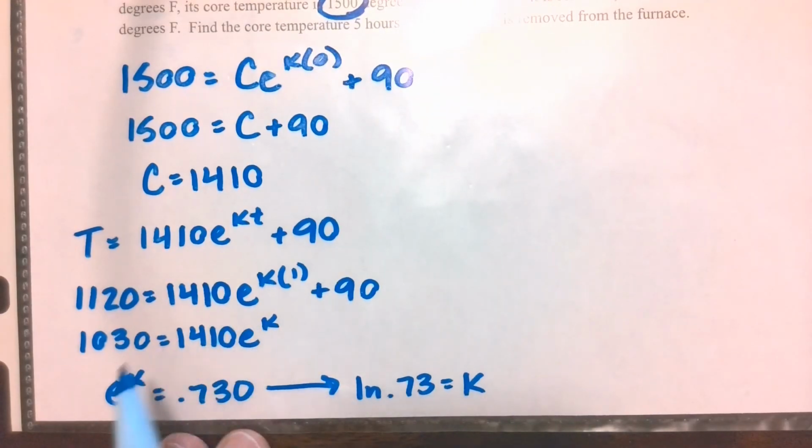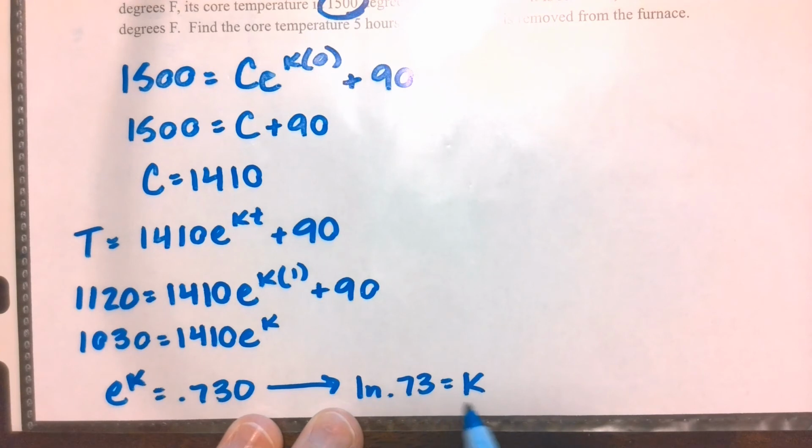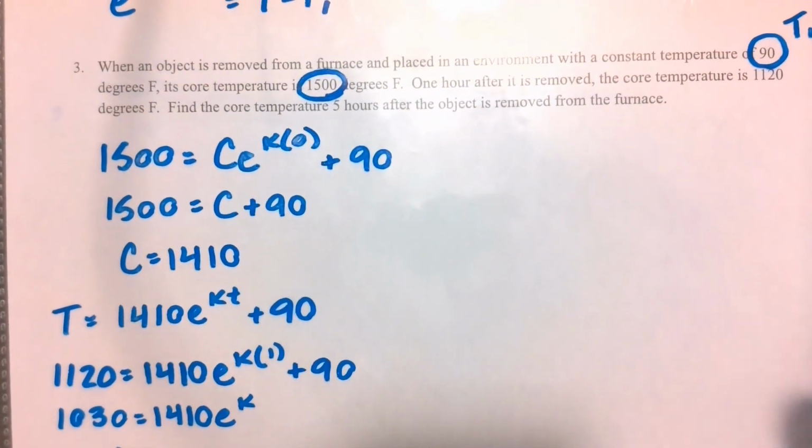After getting that e to the k by itself and then rewriting it in logarithmic form, we should get that k is the natural log of 0.73. Or if you figured out what that was, it's about negative 0.313. So that at least tells us that this is decaying, which we know should be true, because the temperature of this object should be going down.